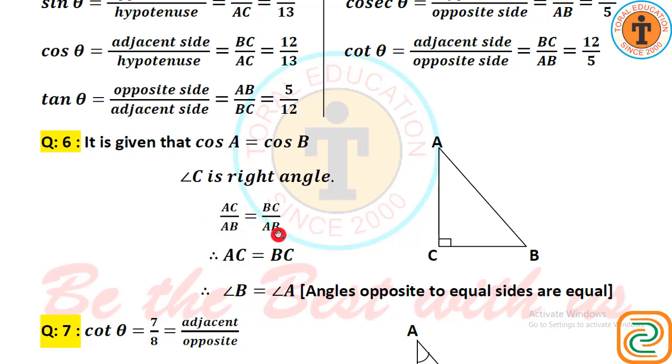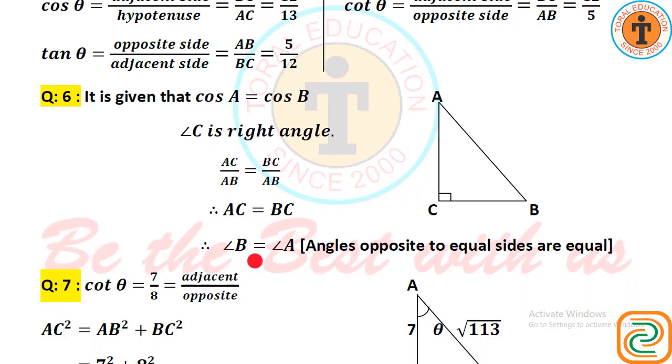So AC equals BC. Both the sides are equal. If both sides are equal, then the angles opposite to these sides are equal. Then angle B equals angle A. Angles opposite to equal sides are equal, as we studied in 9th. So we can say angle A equals angle B. This has been proved.